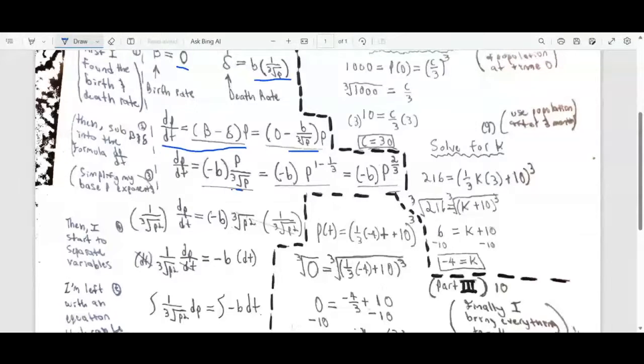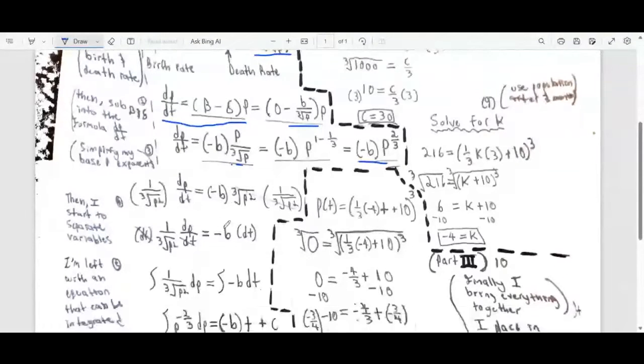With that in mind, after we simplify, 1 subtracted by 1/3, we get 2 over 3. After that, we have dP/dt is equal to, once I put it back into root form, negative b multiplied by the cube root of P squared.